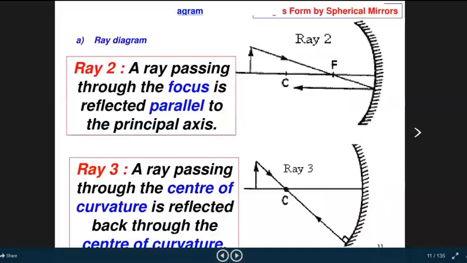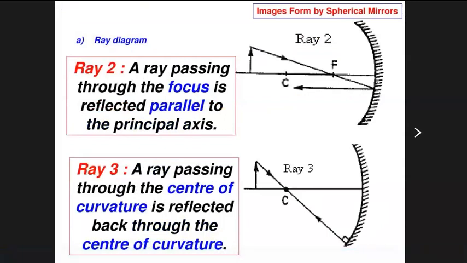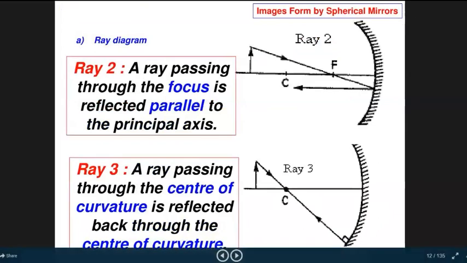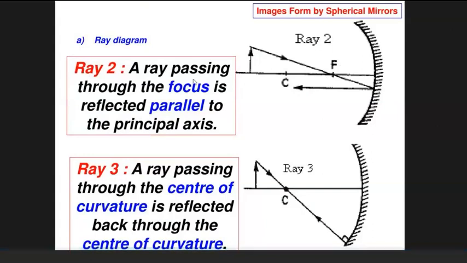Now we have to remember the second special ray. The second special ray is the reverse of the first one. In this case, any incident ray which is passing through the focus becomes parallel after reflection from the mirror.